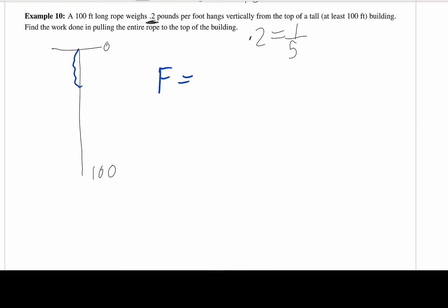If we're y down, and this will be dy, our force should be 1/5 dy. Right? Then our work is going to be equal to force times distance.